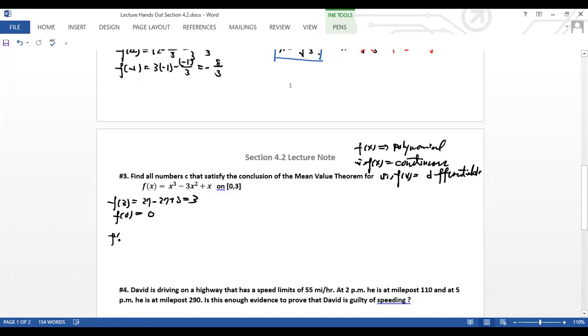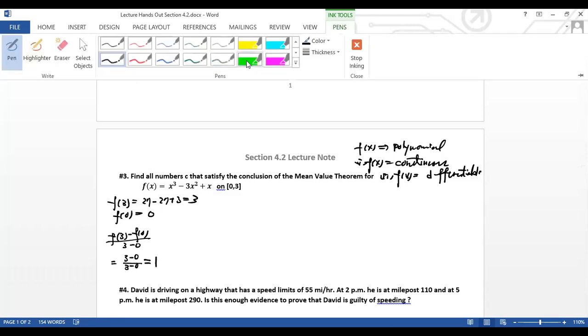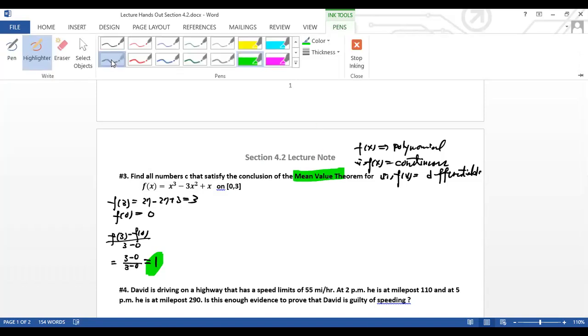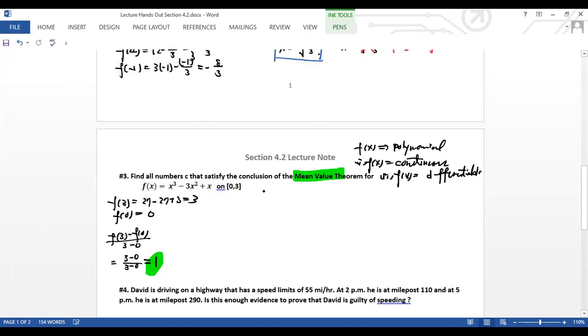So the slope will be f of 3 minus f of 0 over 3 minus 0, which is 3 minus 0 over 3 minus 0. The slope is 1. The Mean Value Theorem says this is the slope of the two endpoints, so the derivative will be equal to 1 somewhere.